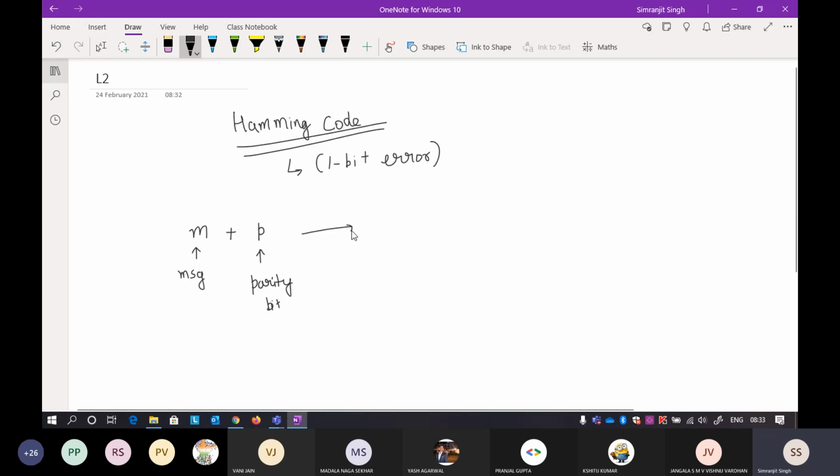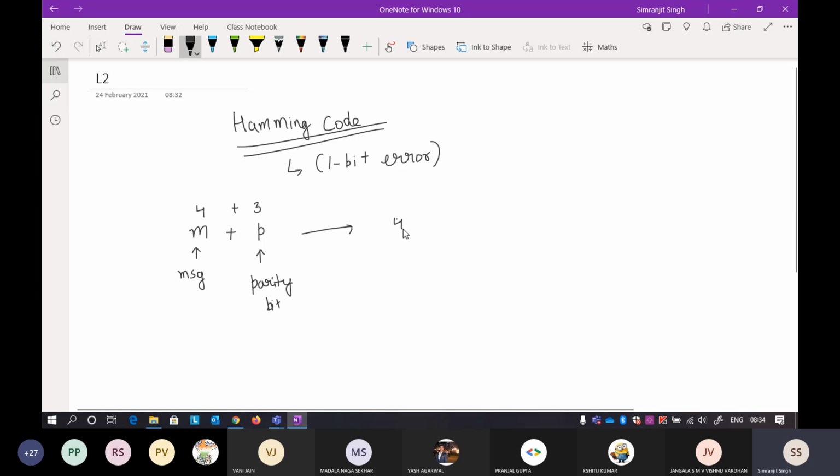When I am sending the message, there will be a total of how many cases in which my error can occur. Suppose you have sent this message and you have included some parity bits, and in these bits an error can occur. Just wait a second. If you have sent four bits of message and three parity bits, in which positions can you get an error?